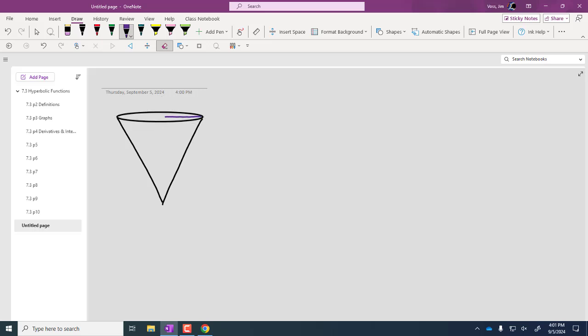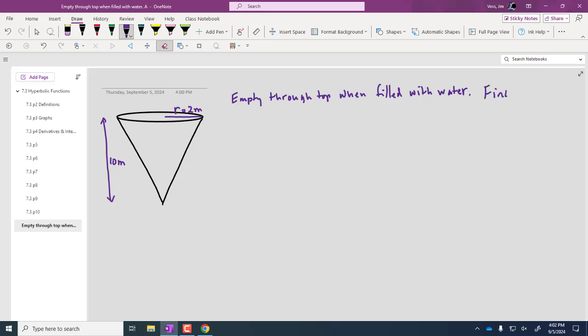We're going to say that the radius of this cone up here is 2, and the height of this cone is 10, with units in meters.